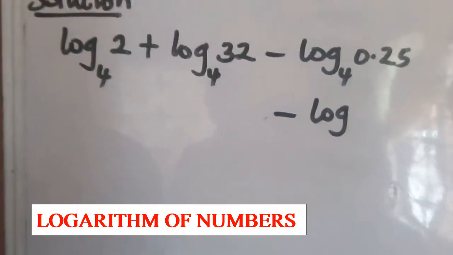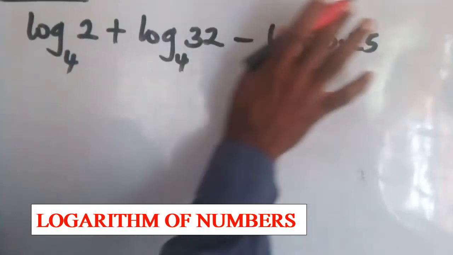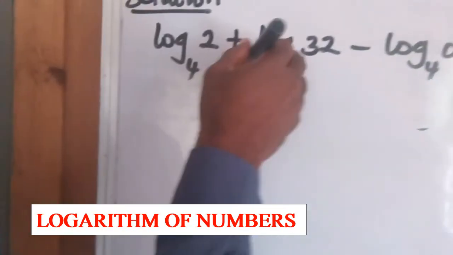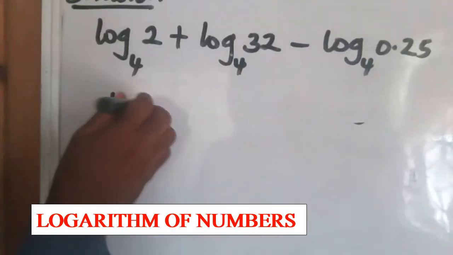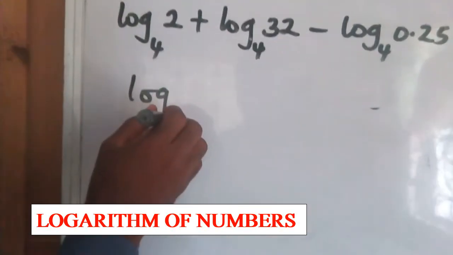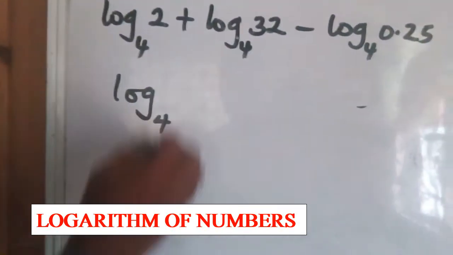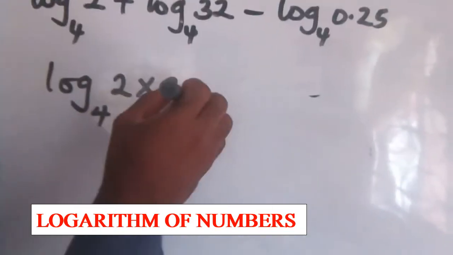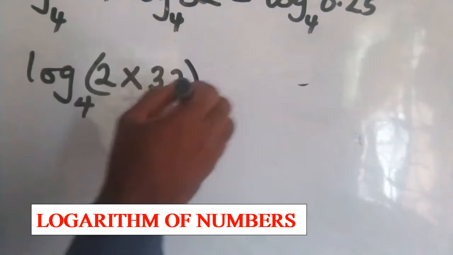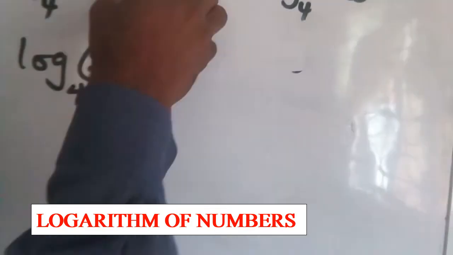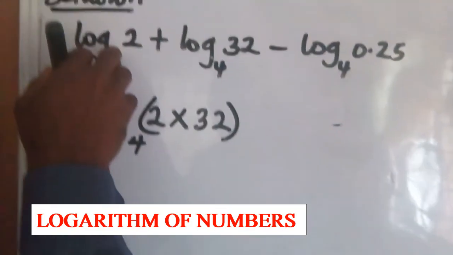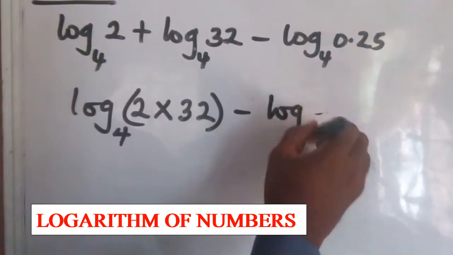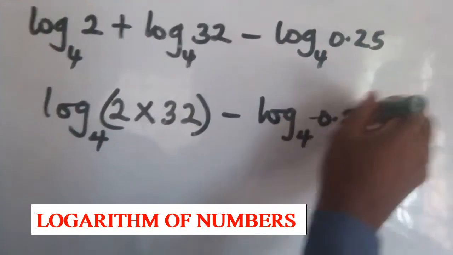We can also apply the addition law to the first two. We have log base 4 of 2 times 32. We have applied the addition law, telling us to multiply the log numbers, minus log 4 of 0.25.